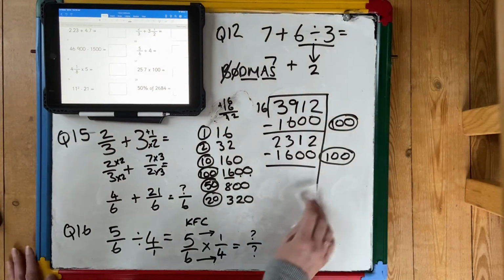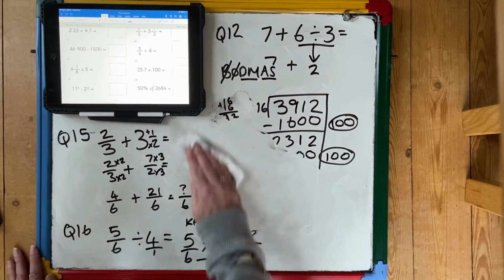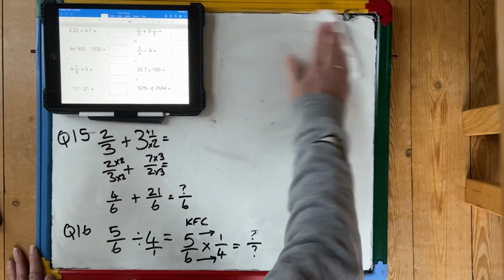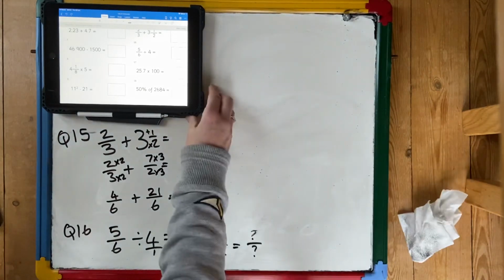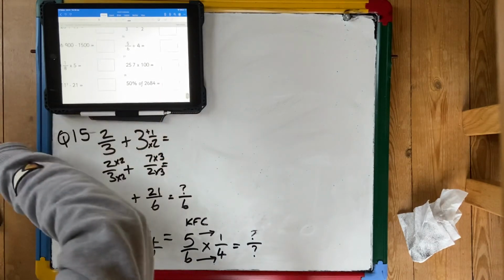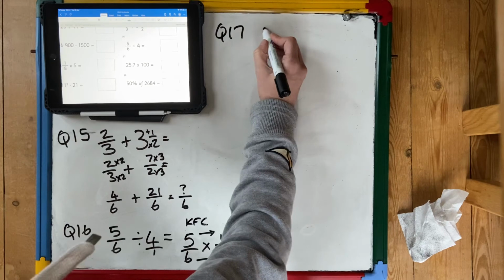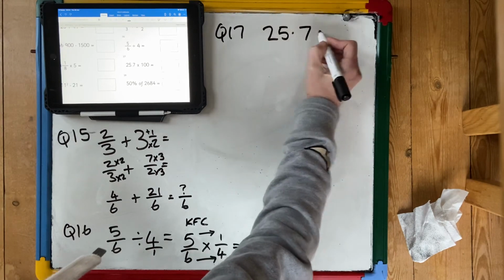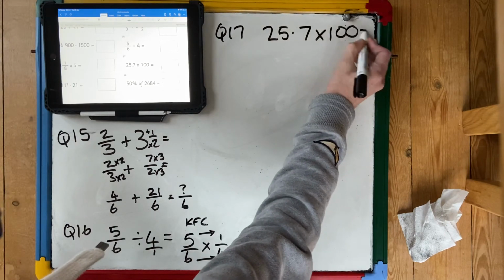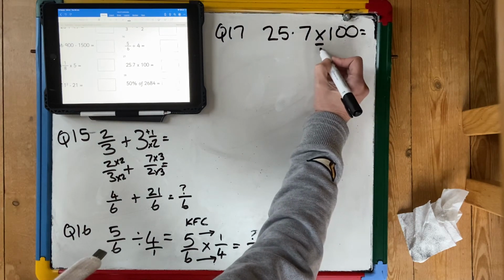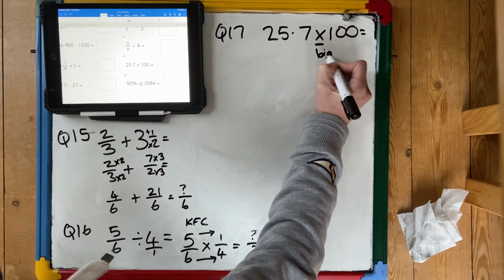Excellent. Okay, 2 more questions. So question 17. 25.7 multiplied by 100. Because it's multiplying, you are making the number 100 times bigger.